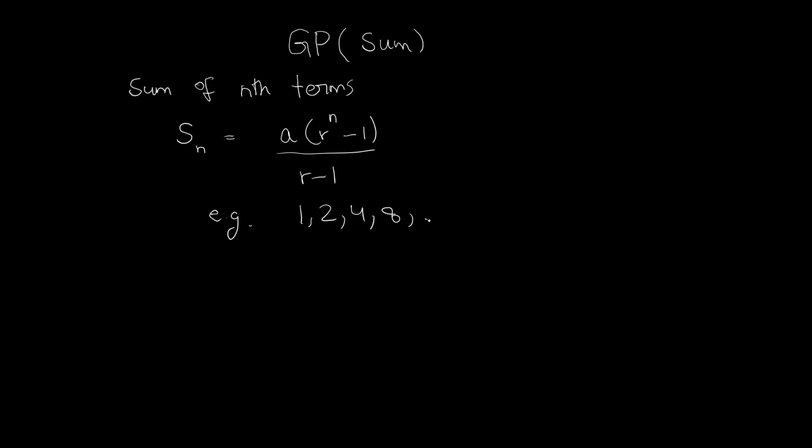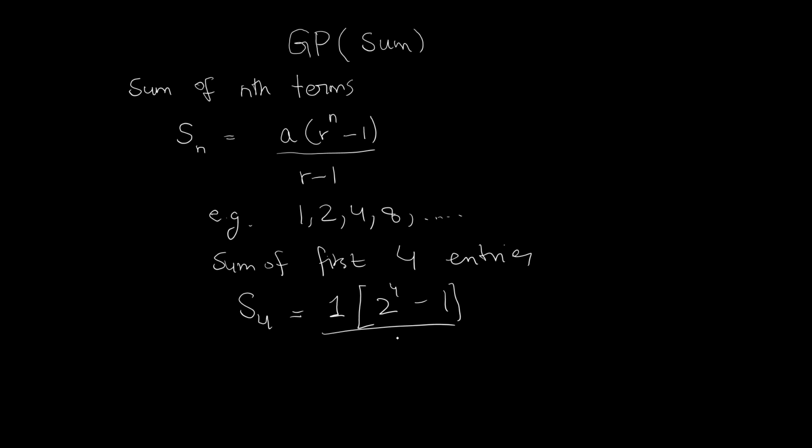If we take the same sequence once again and try to find the sum of the first 4 entries using the formula, A is 1, R is 2, N is 4, 2 to the 4 is 16, so the answer is 15.